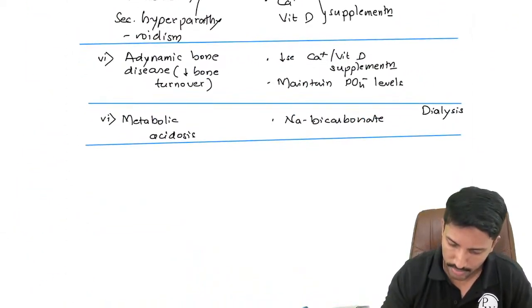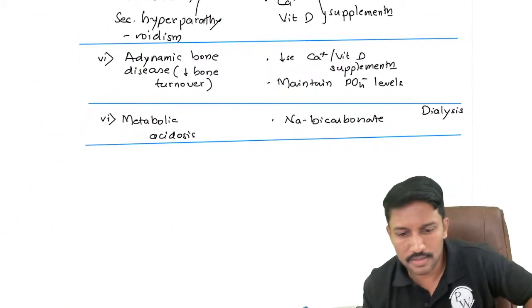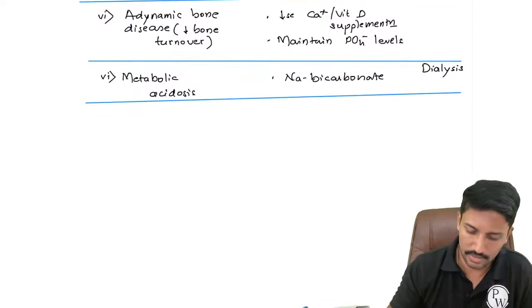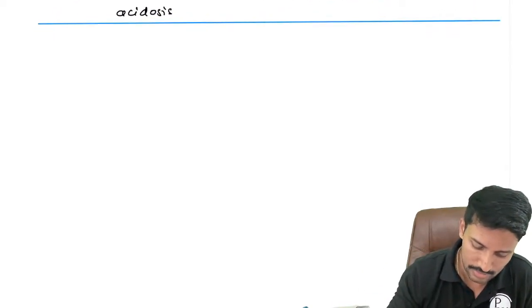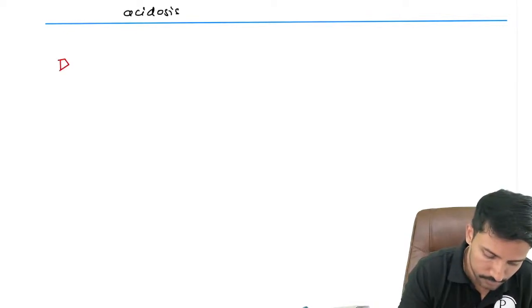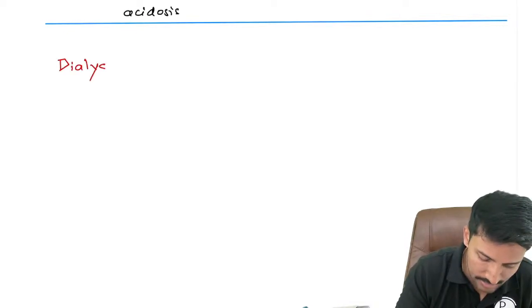Now, the only extra point that we would write and close the session today is about dialysis. Right, the last thing that is pending. We are told that dialysis, now we have to talk about dialysis a little bit. So, what is dialysis?